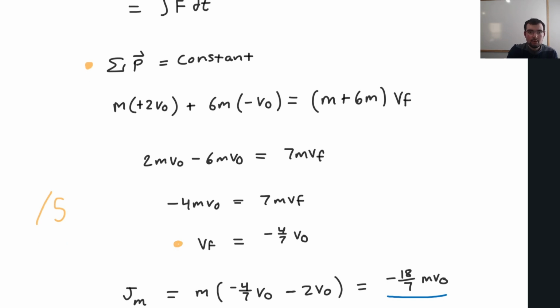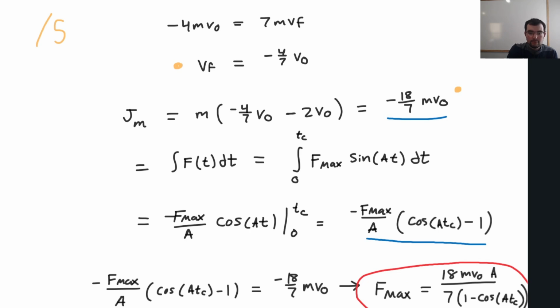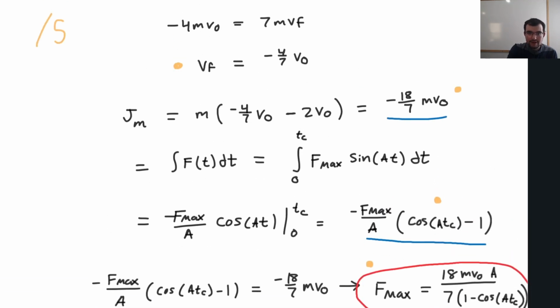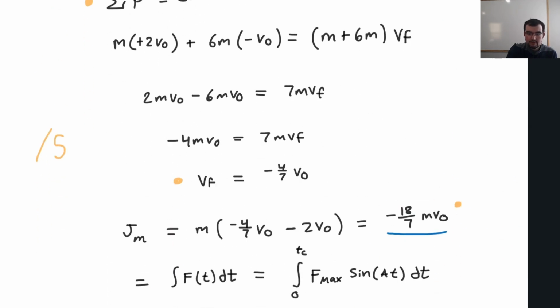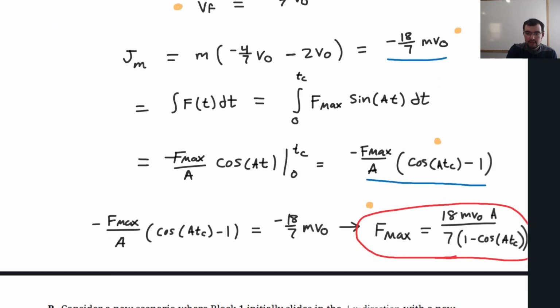You would get a point for finding the impulse acting on the block in terms of its final velocity. You would get a point for finding the impulse acting on a block using the force definition with the integral, and then you get a point for a correct, consistent final answer depending on how we grade it. So again: conservation law, final speed, impulse one way, impulse another way, answer.